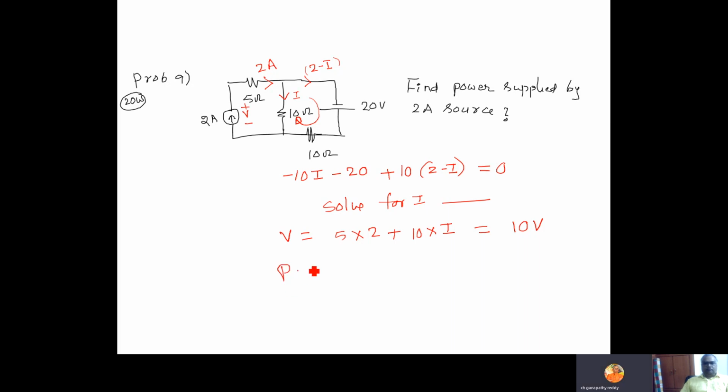But what we want is the power supplied. What is the voltage? 10. What is the current? 2. So it is 20 watts. Plus 20. Check the polarity: current is flowing from negative to positive, so it really supplies. Therefore plus. This is the answer.